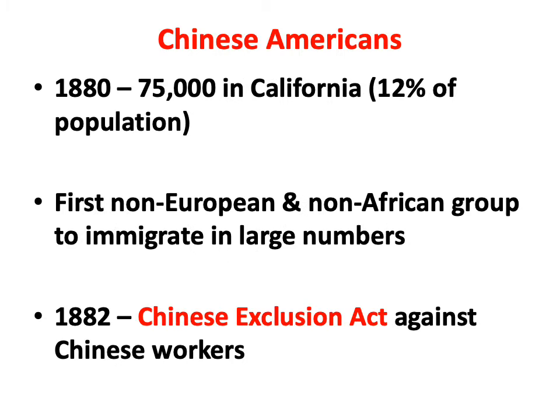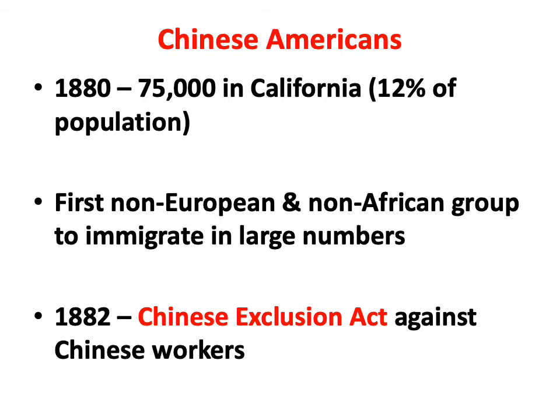Now let's look a minute at the Chinese Americans. In 1880, there were about 75,000 in California, 12% of the population. And we know earlier that some came over during the gold rush in 1849. Like everybody else who went to the San Francisco area, they wanted to become wealthy and leave.